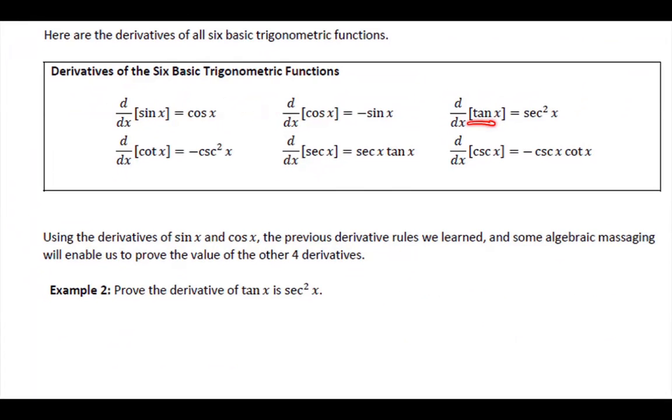The derivative of tangent is secant squared, so secant of x times secant of x. The derivative of cotangent is negative cosecant squared. The derivative of secant is secant itself times tangent. And the derivative of cosecant is negative cosecant times cotangent.